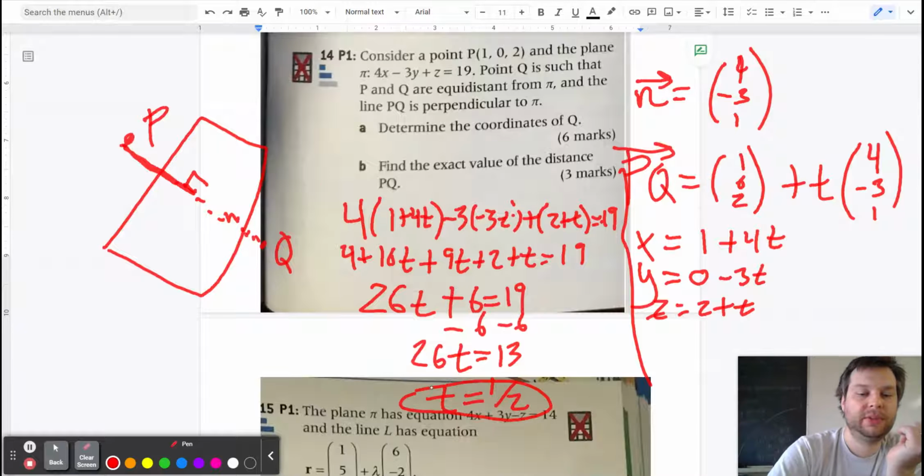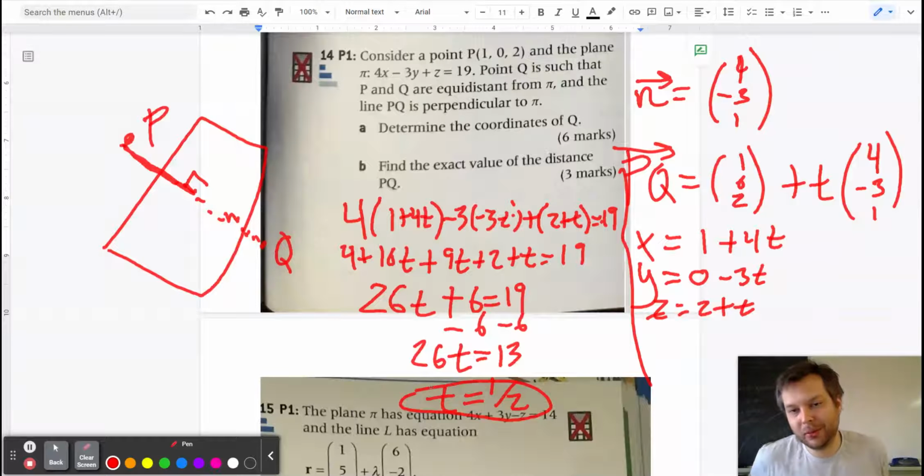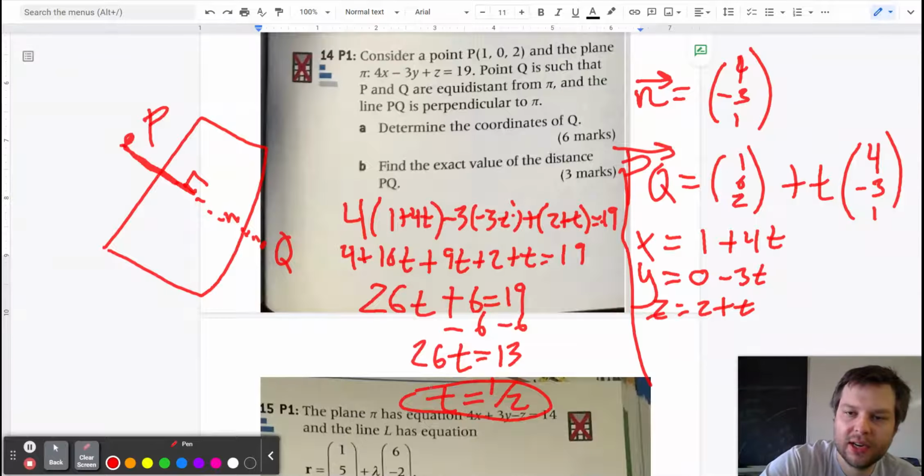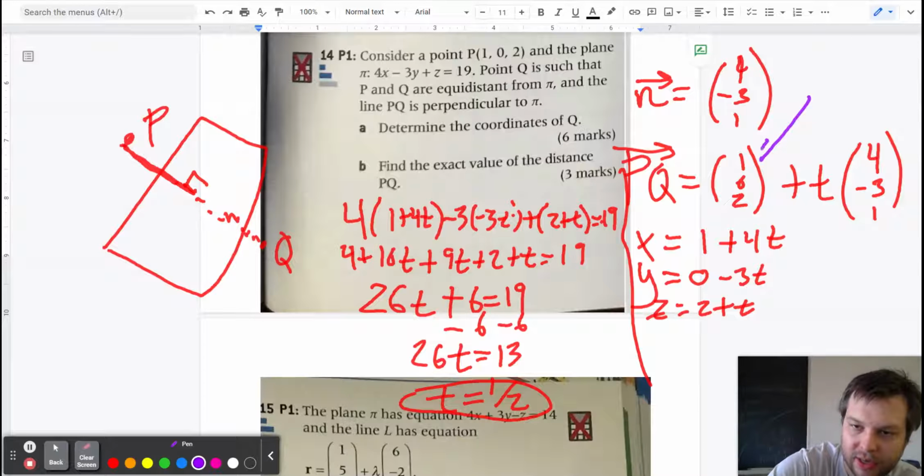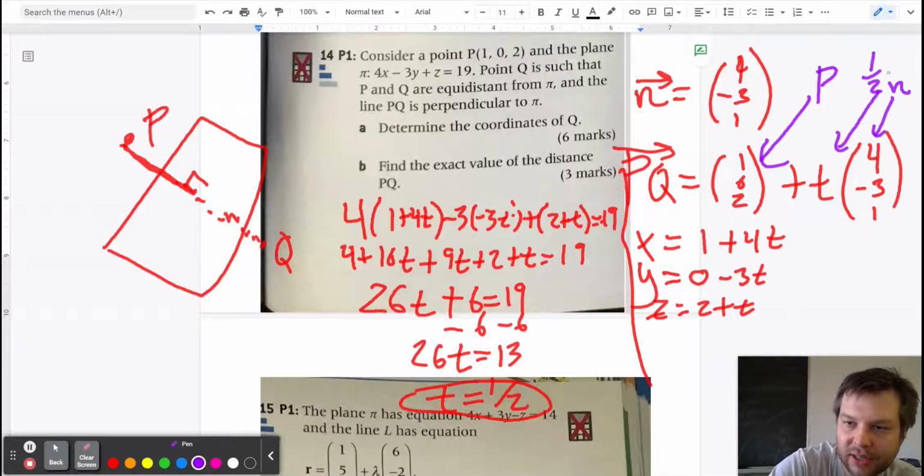So let's just stop here for a second and think conceptually about what this means. This means that if I start at point P, so I'm going to go back up to my line equation, if I start here at point P and I move 1/2 of the normal vector, then I get to the plane.